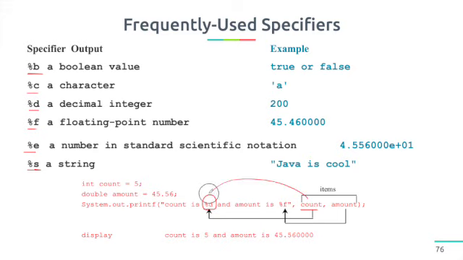So count will be located here when the text is printed, and then "amount is %f", which indicates that here we'll have a floating point, which is the second item. And then when we close the parenthesis here, we use a comma, and then we include all of the variables or all of the items.